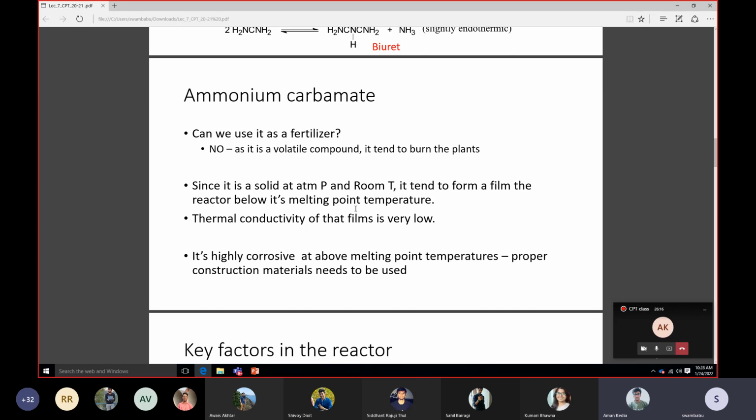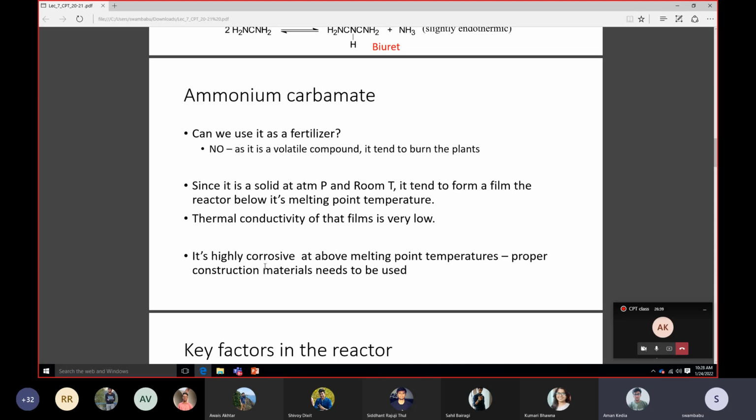What is the problem with the film? The thermal conductivity of the film is very low. That means we cannot do the intermediate cooling. The efficiency of the intermediate cooling is very low if the thermal conductivity is very low, and that is why we cannot operate at low temperature.